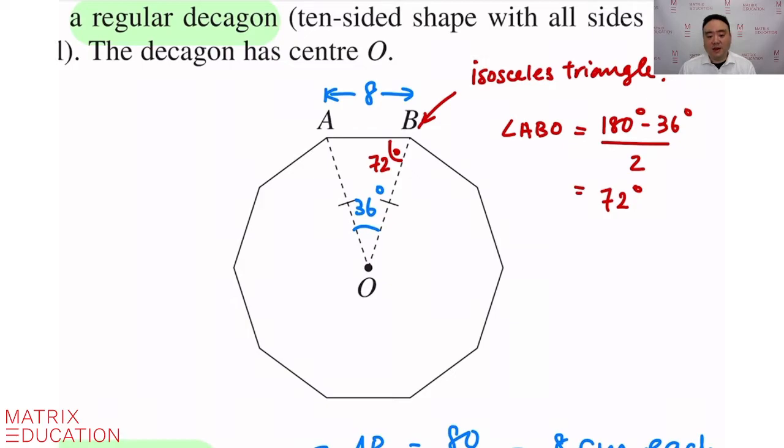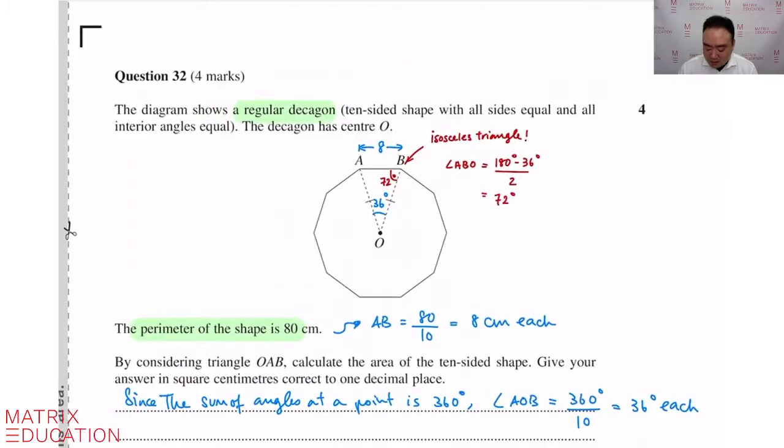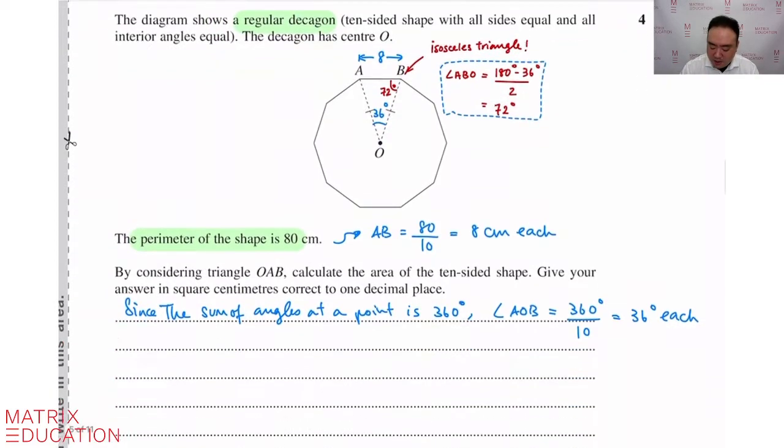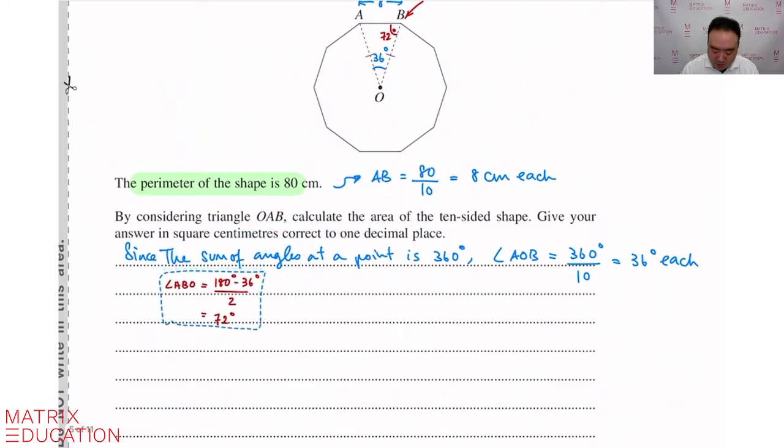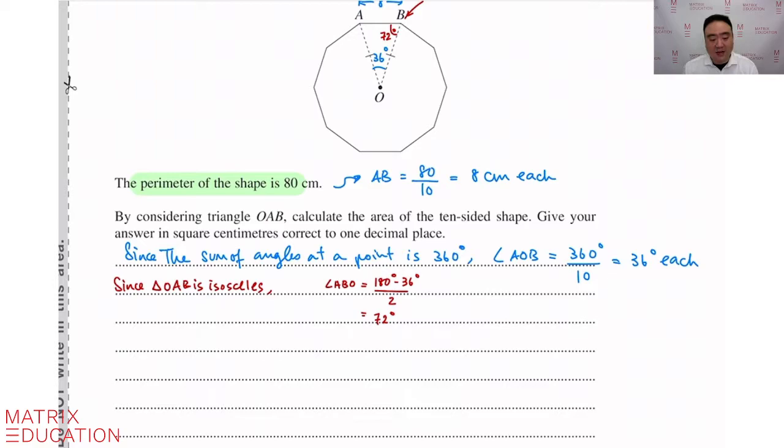Now we still can't find the area yet. Obviously this working needs to be in here as well. Let's just construct this properly. Since triangle OAB is isosceles, we can find that angle ABO must be 180 minus 36, divided by 2.